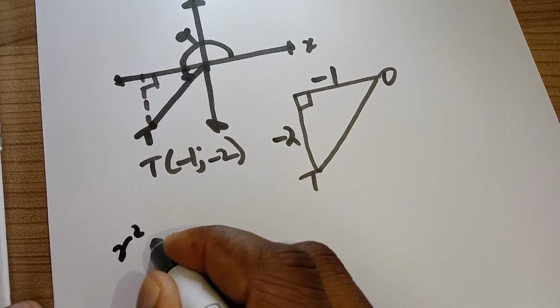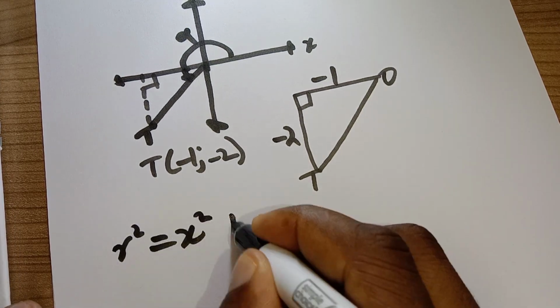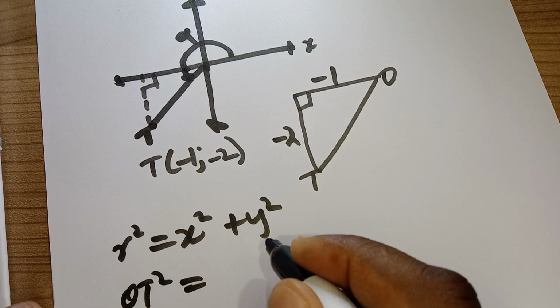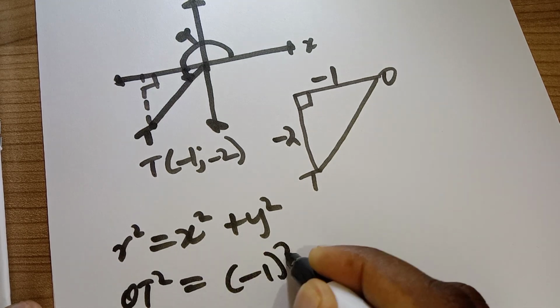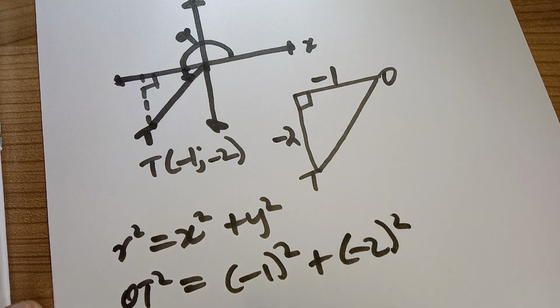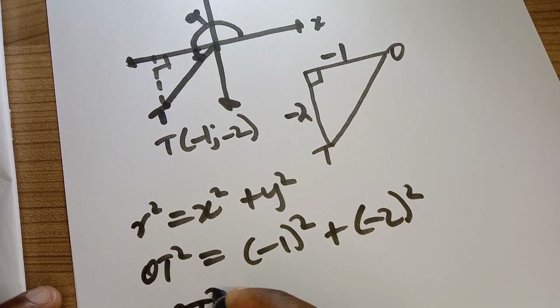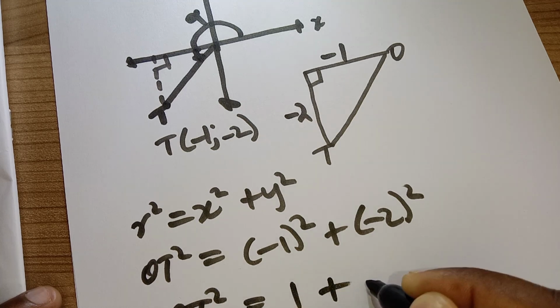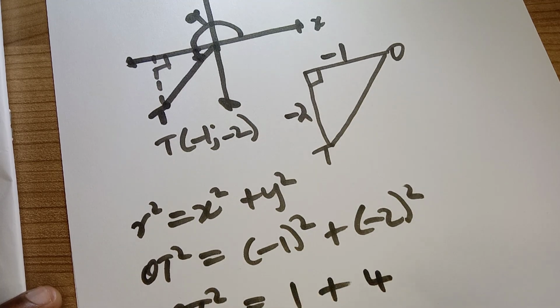the r squared being equal to x squared plus y squared, okay? The r squared is OT squared there. The x is -1. The y is -2 squared there, okay? Then we're going to have OT squared. Here we're going to have our 1. Here we're going to have our 4, okay?